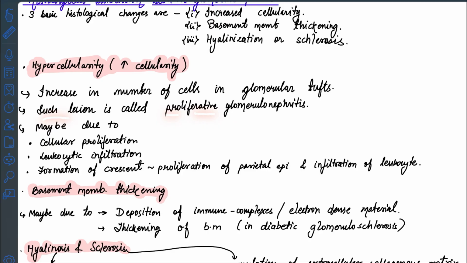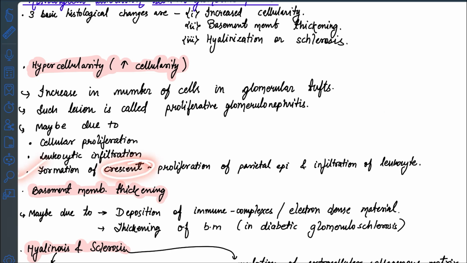These lesions we call proliferative glomerulonephritis, because it's very clear that the cells are proliferating and increasing in number, hence the name. Now, what may be the reasons? First, it can be cellular proliferation, an uncontrolled kind of proliferation of cells. Second, it can be leukocyte infiltration, if leukocytes infiltrate from blood vessels.